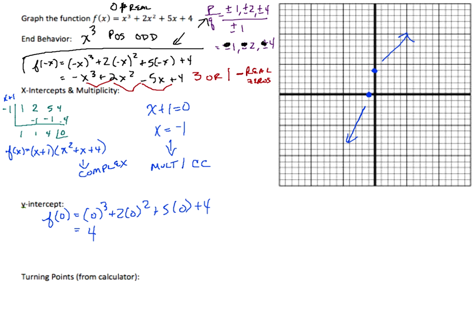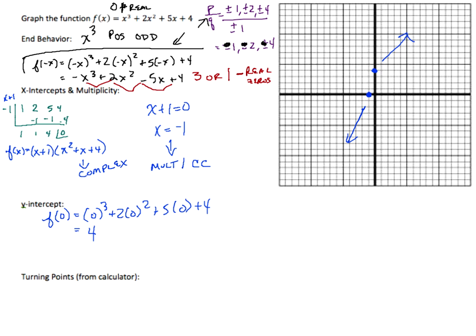Take a look at the graph. Oh, my battery just died. No. Okay, I'm going to have to just kind of fudge this one.